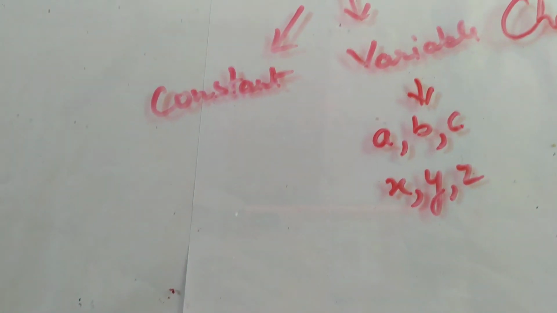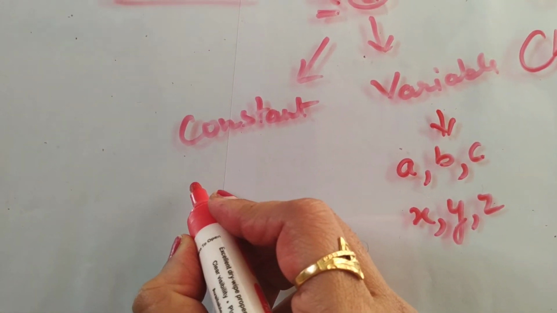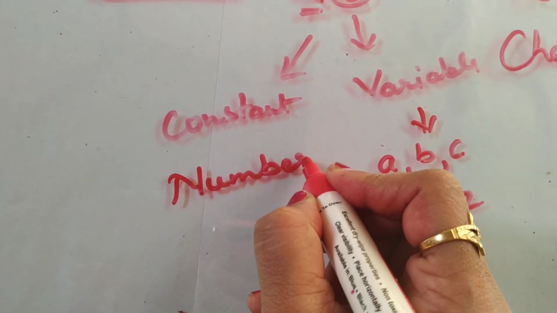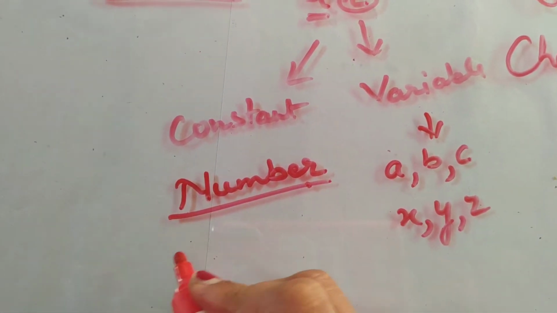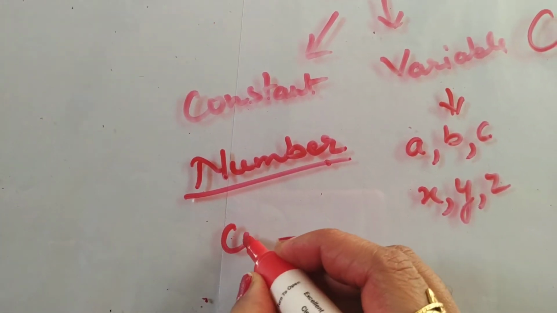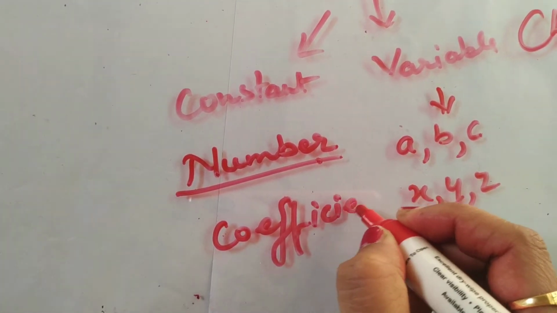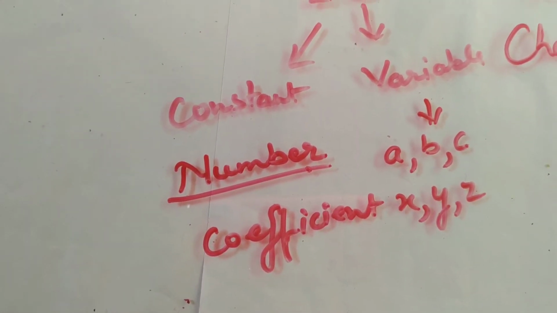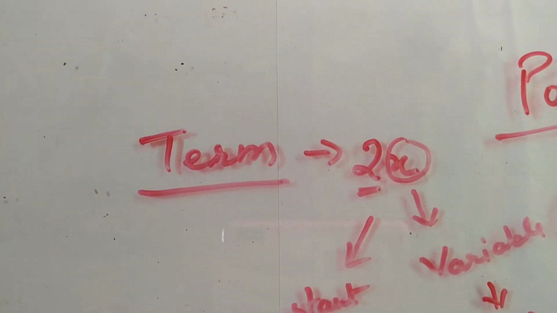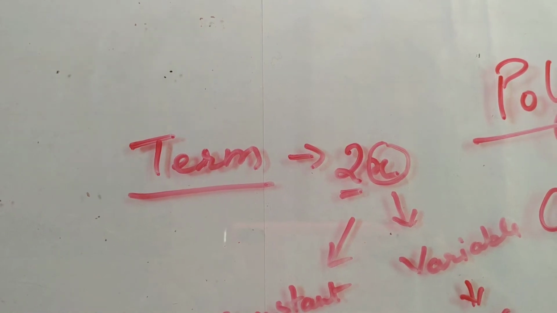And what is a constant? A constant is a numerical number which never changes its value. It is also called the coefficient of the variable. That means in the term 2x, x is the variable and 2 is the coefficient.